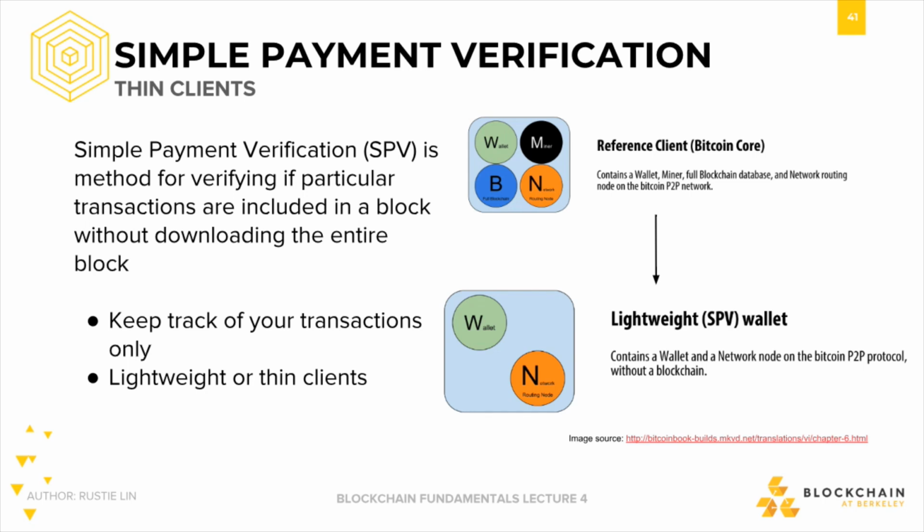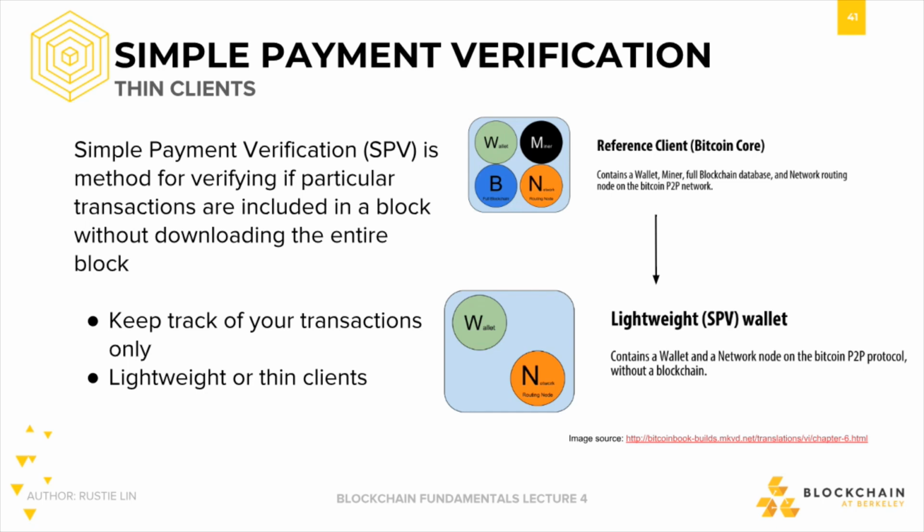This is a very space-efficient way to confirm transactions, and it's useful for wallet software providers, so that they don't have to download the blockchain directly onto your phone. Let's say your phone doesn't have that much space, so why would you want to download 160 gigs? So it's useful for clients who can't store an entire blockchain.